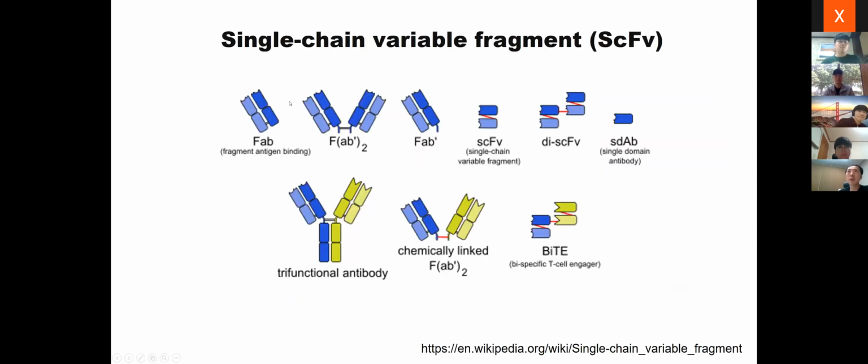So if you look at the antibody structure, you can make many different fragments. This is the whole structure, and then about a third over here, and then even smaller, only this part here. Now, one is from the heavy chain, one is from the light chain. Those are two peptides, and that's difficult to make.